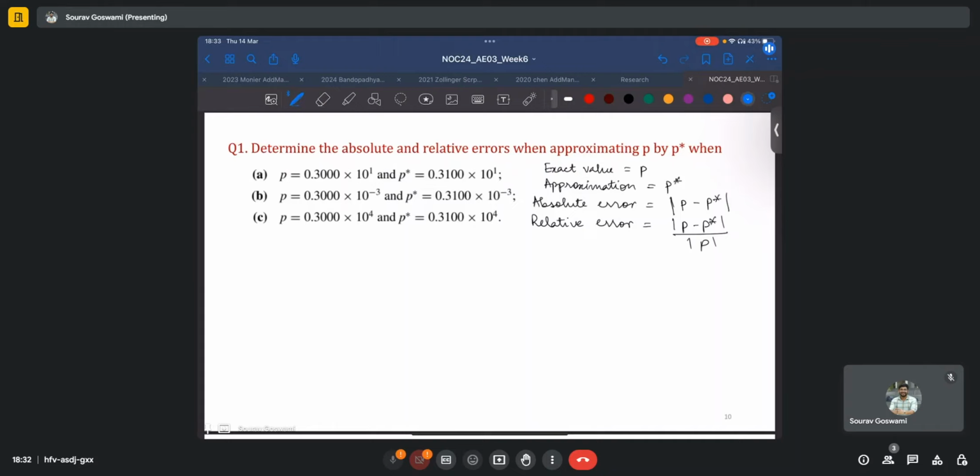This is easy to remember because just by the use of the term absolute, we know that this error cannot be negative.